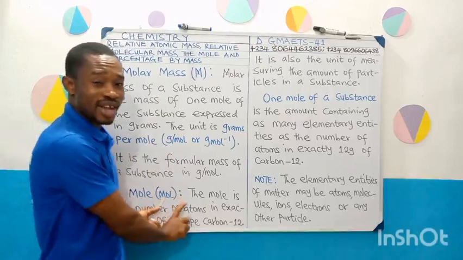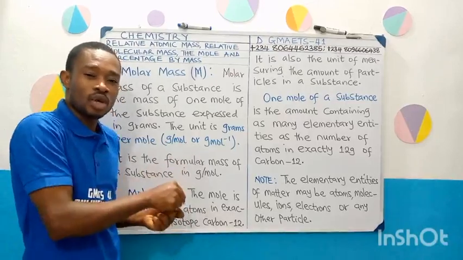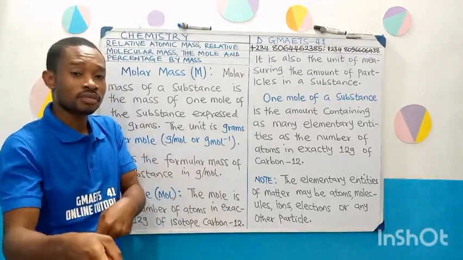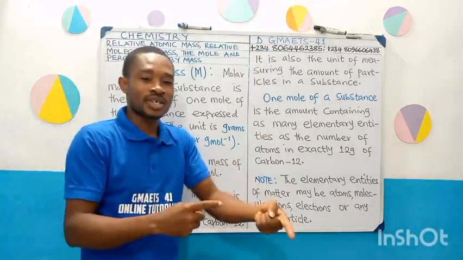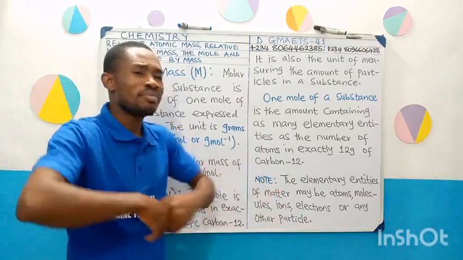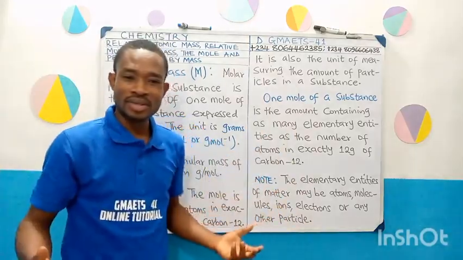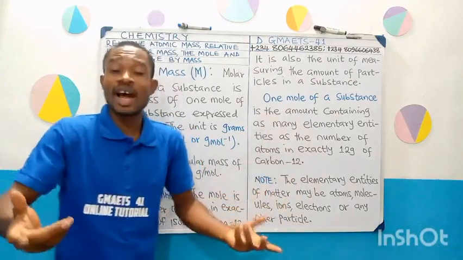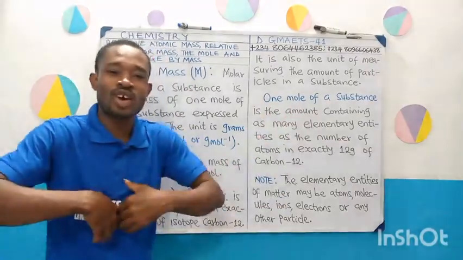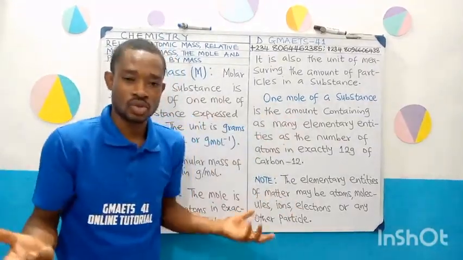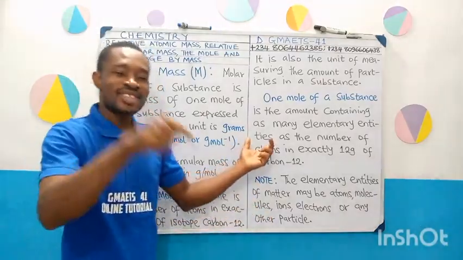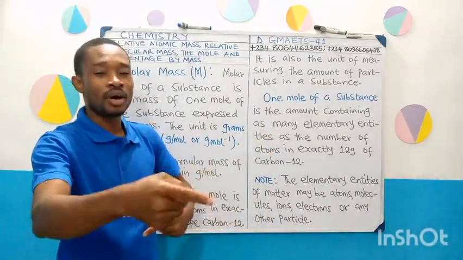So 1 mole of any substance is simply the amount that contains as many elementary entities. The elementary entities, like I said, include atoms as well. So we could say that the mole is simply the amount that contains as many atoms. Does that make sense? As the number of atoms in carbon-12.